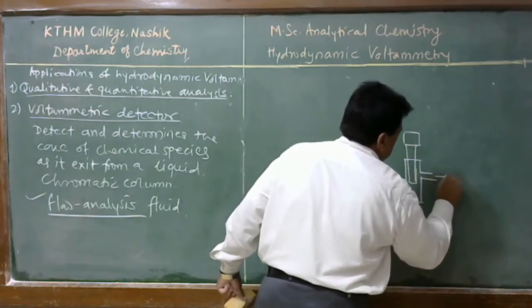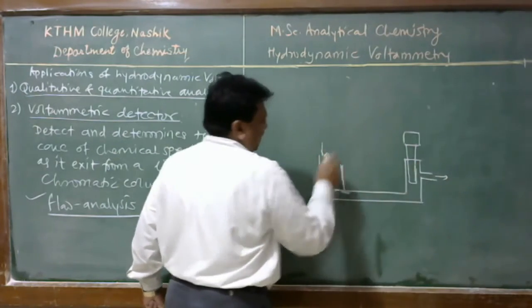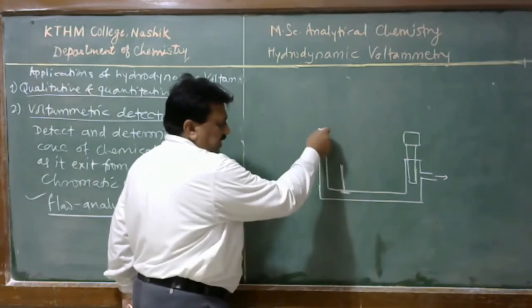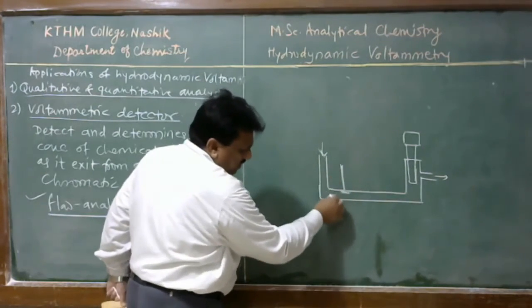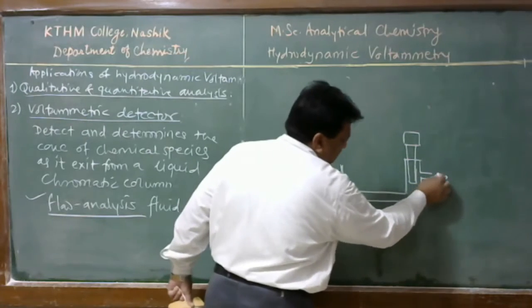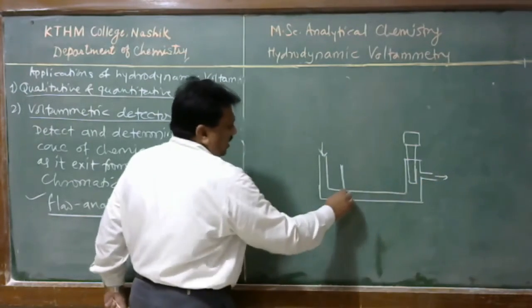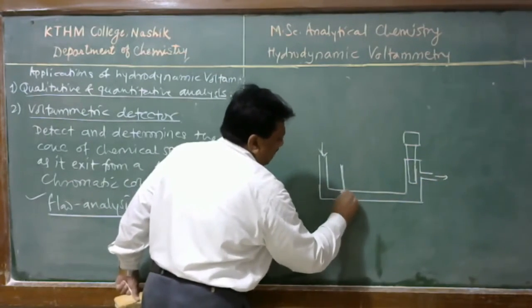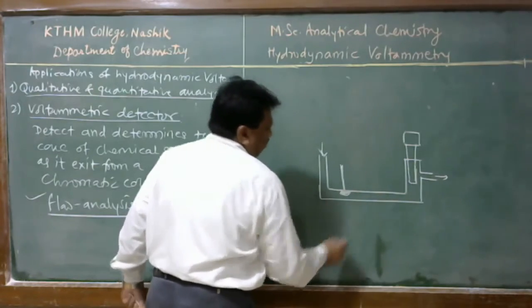And here is the flow of that fluid. This is a liquid chromatographic column from which the liquid is given out in this fashion. Here a counter electrode, and here the working electrode is mounted.